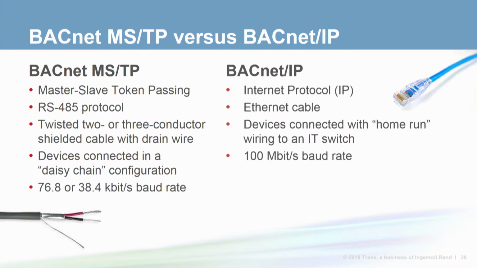BACnet IP uses the Internet protocol for communication. The network is created using Ethernet cabling with devices connected using home run wiring back to an IT hardware switch. And the data is usually transmitted at a 100 megabit baud rate.